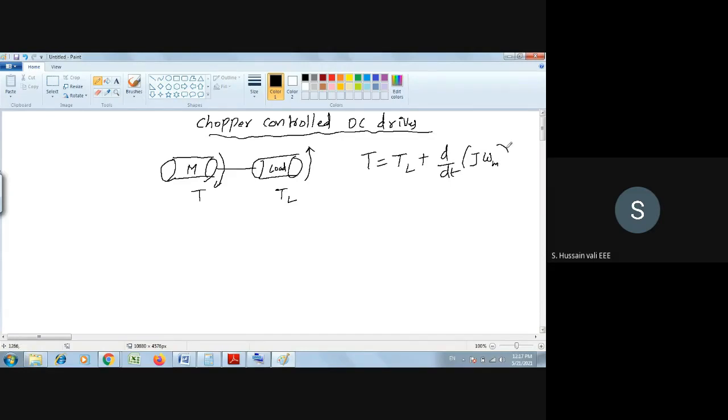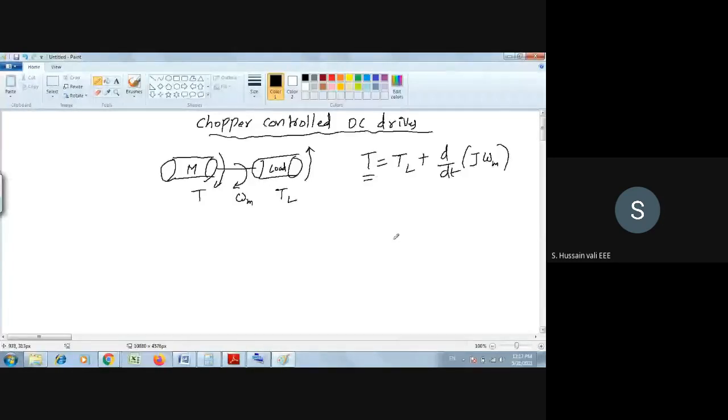J is the moment of inertia in case of rotatory motion, and omega m is the angular speed with which it is rotating. T is the electromagnetic torque developed by the motor.